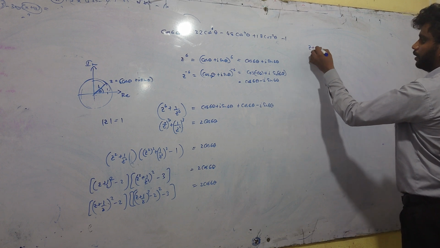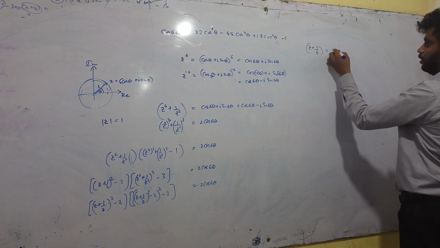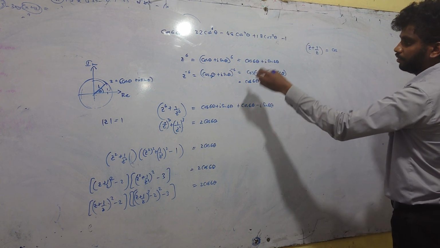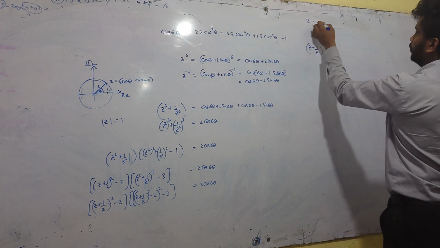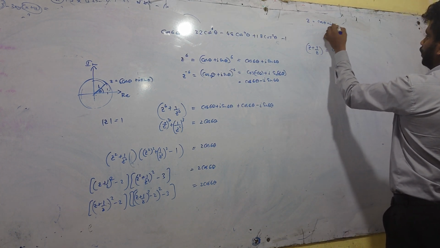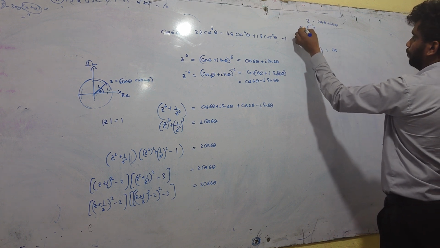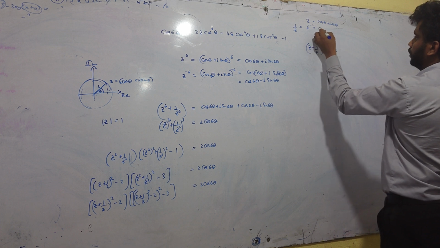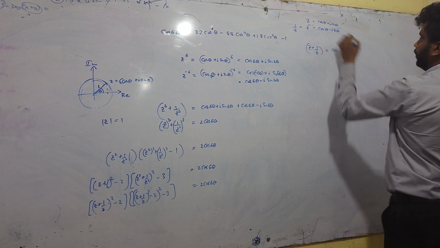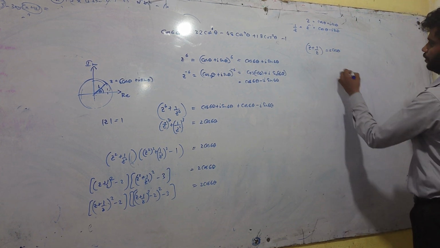Then z plus 1 over z, z is cosine theta plus iota sine theta, and z to the power minus 1, which is 1 over z, is cosine theta minus iota sine theta. Z plus 1 over z is 2 cosine theta, right?